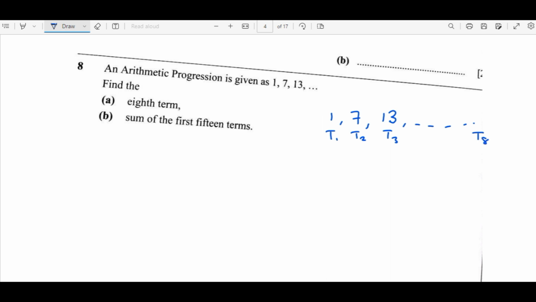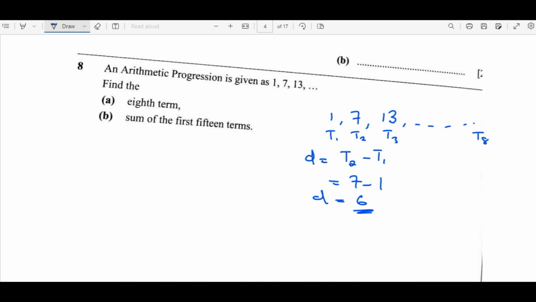So first of all, you have to find the common difference. That is the first one. The common difference, which is d, is the second term minus the first. So we have 7 minus 1, and the common difference there is 6.